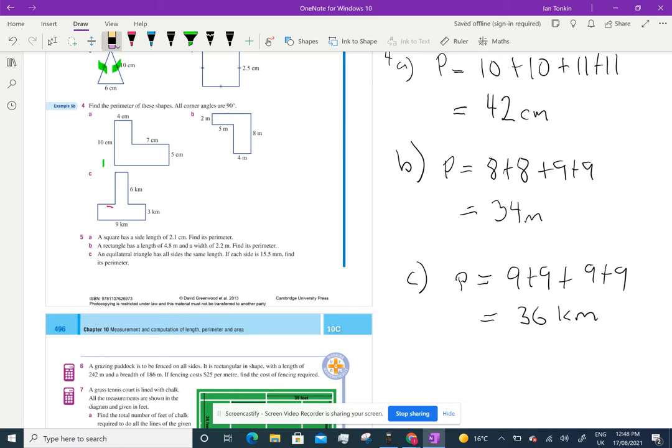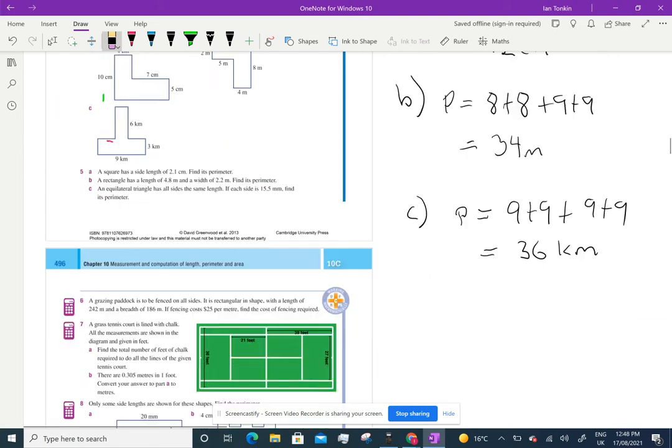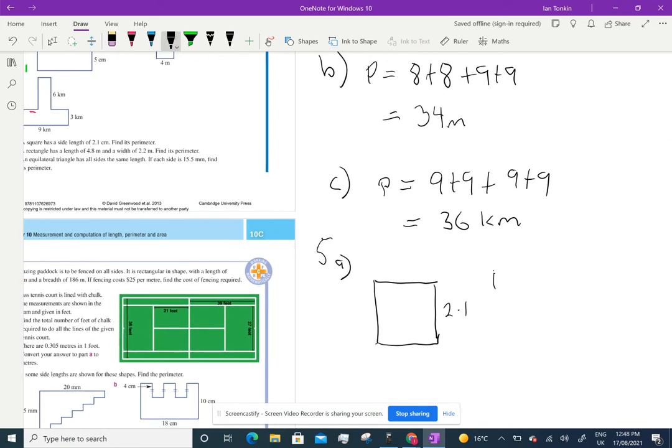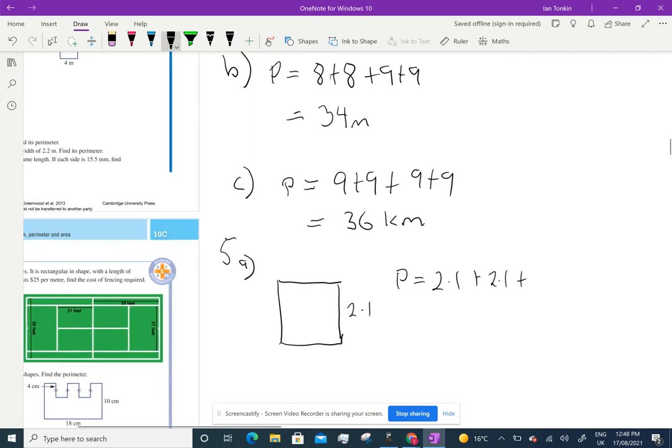Next question we're doing, 5, 6, 8, 9, 11. So 5. If they don't give you a diagram, draw it. So I need a square. Note, in a square, all sides are equal. So this is 2.1. You don't need to draw it if you know. 2.1 plus 2.1 plus 2.1 plus 2.1.